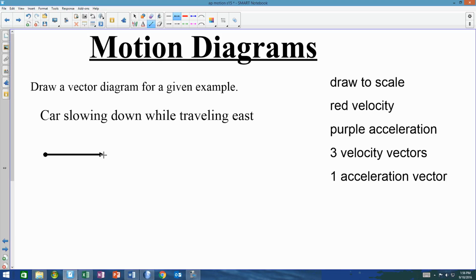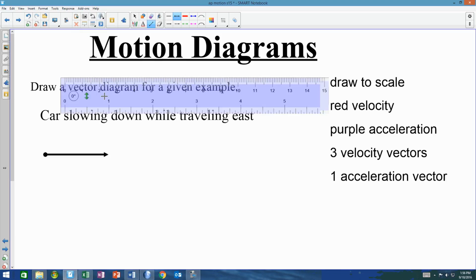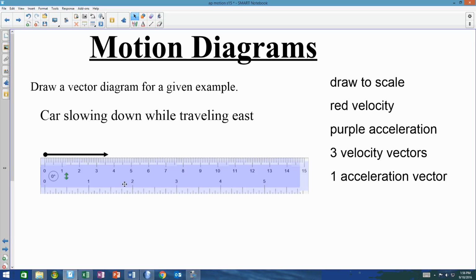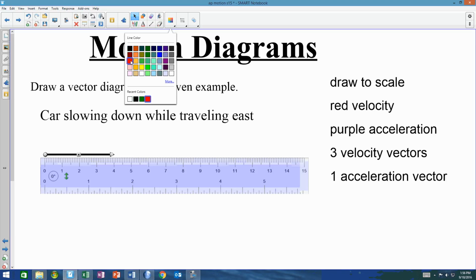Okay, so the first thing I'm going to do is start out by drawing my first velocity vector. And here's my ruler. I'm going to make my first velocity vector 4 centimeters long. And again, we're going to make it red.